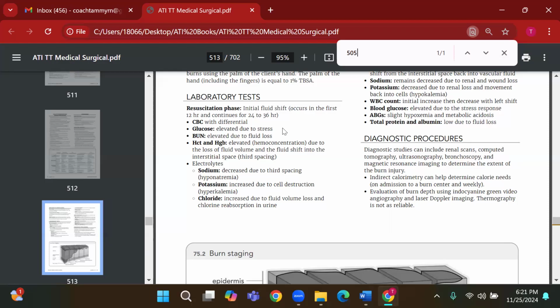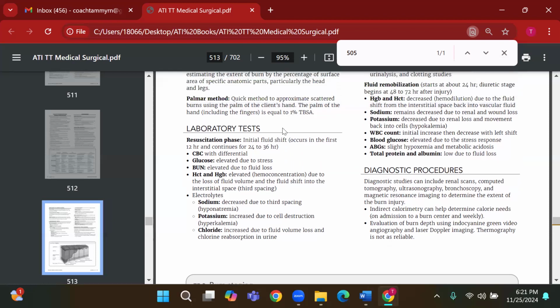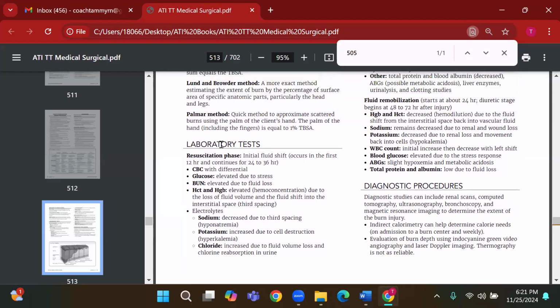Now, if you look, it says sodium will be decreased because they're kind of third spacing. The fluid is not in a compartment, it's just kind of in the tissue. The potassium will be increased. It says due to cell destruction, and then the chloride is increased due to fluid loss. And I'm not sure if they'll ask that, but I do think they're going to ask you something about fluid resuscitation.